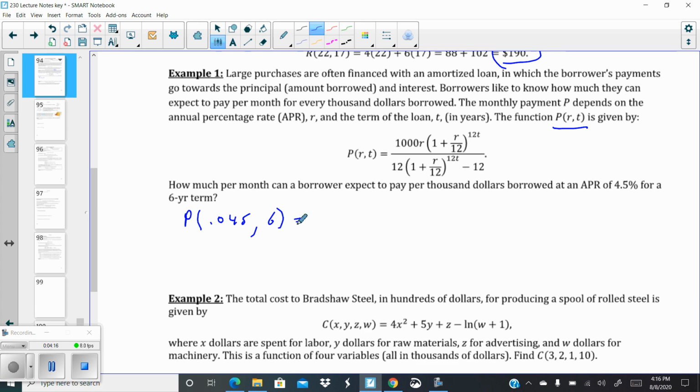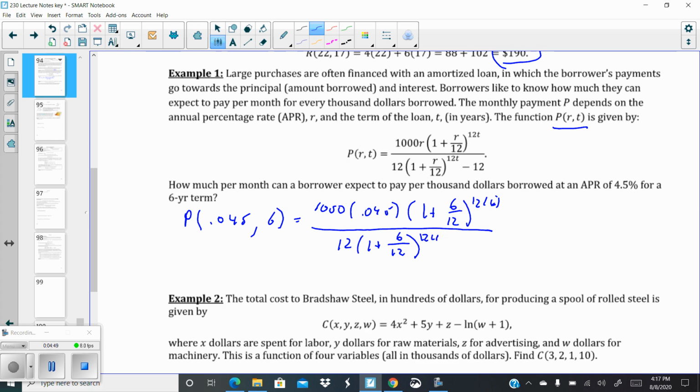So let's go ahead and plug everything in, and we're going to use a calculator to figure out the value. So we get 1,000 times the interest rate, 0.045, times 1 plus r over 12, raised to the 12 times 6 power, because T is 6, all over 12 times the quantity 1 plus r over 12 raised to the 12 times 6 power, minus 12.